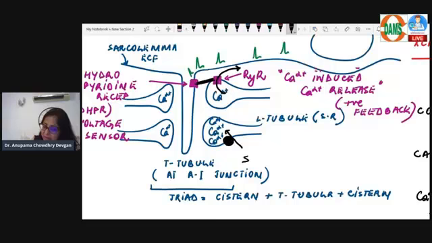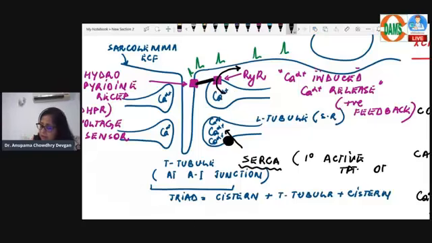This is with the help of a primary active transport, and that is known as SERCA, the sarcoplasmic endoplasmic reticulum calcium pump. This is a primary active transport of calcium.